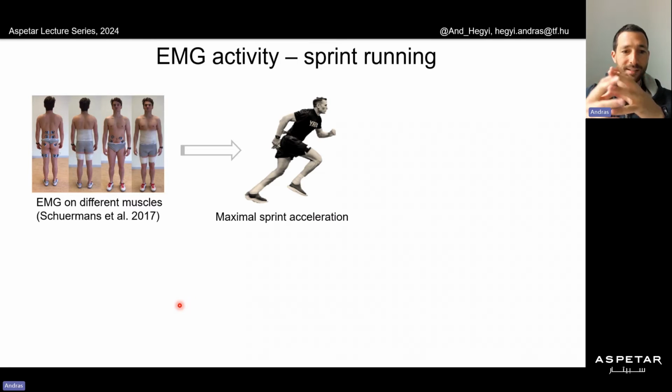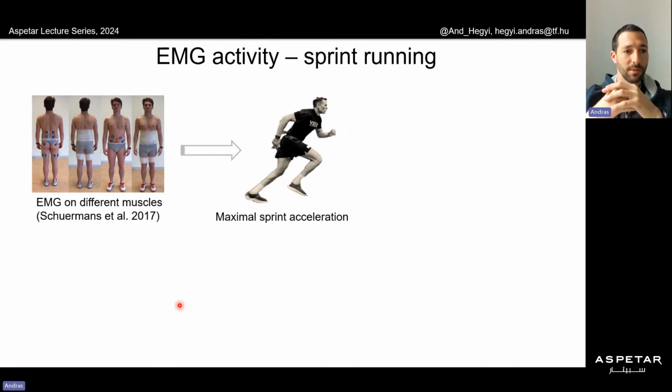Again, there are not many studies. This is one of the few studies, which was a prospective study where they put EMG electrodes on different muscles. This is electromyography, the method to measure muscle activation. So they put electrodes on different muscles around the pelvis.